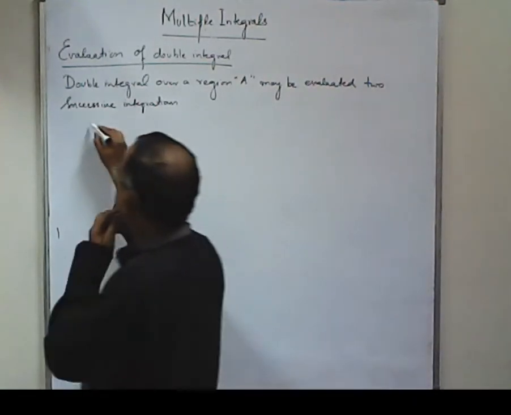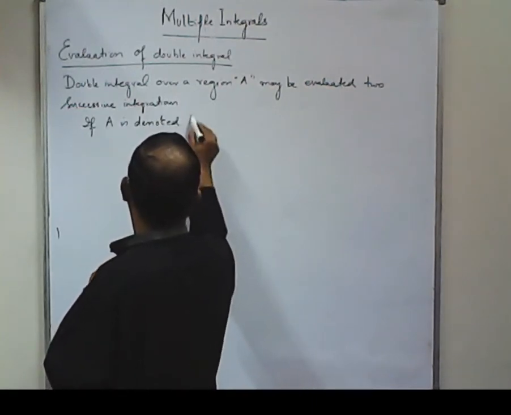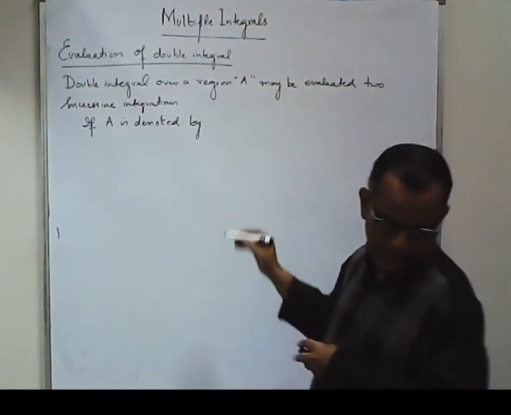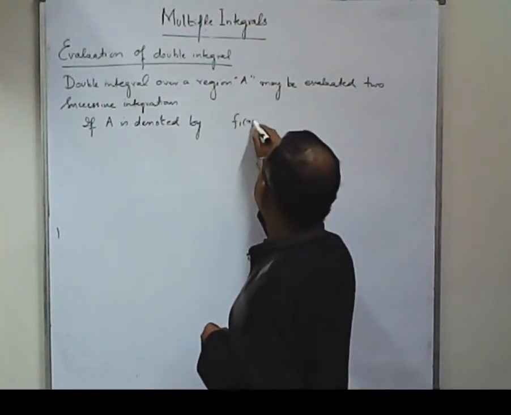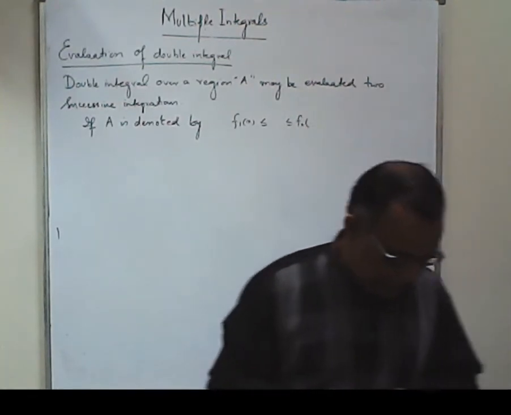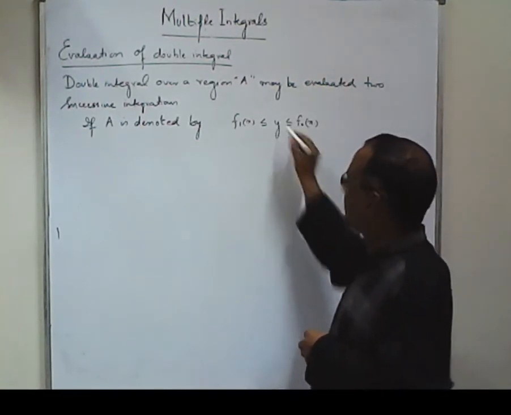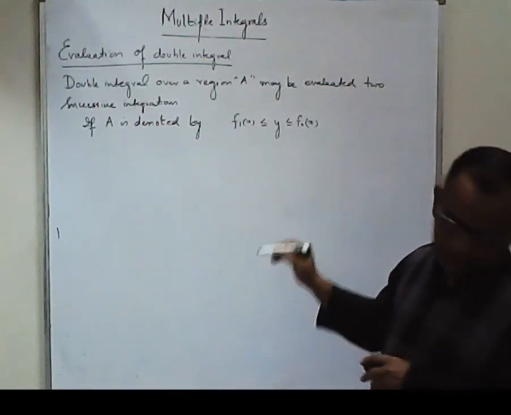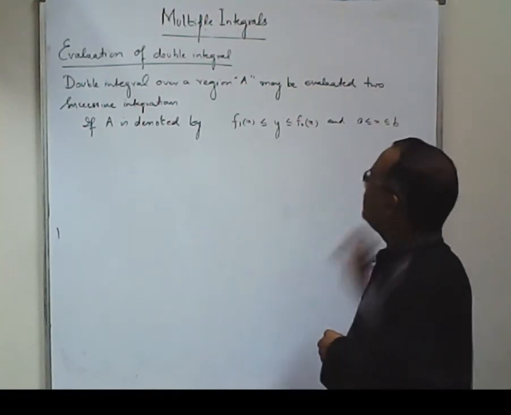Let's say A is denoted by f1(x) less or equal to y less or equal to f2(x), and x is between a and b.